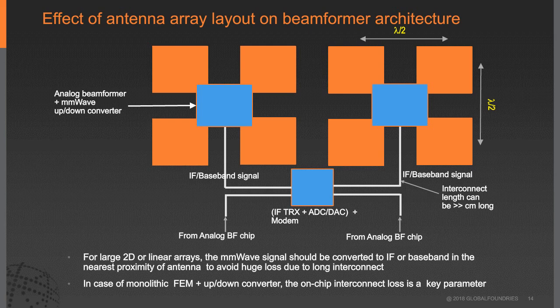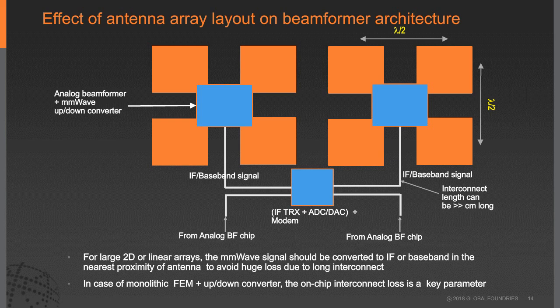So what we have shown is you have the phased array elements in orange, and then right next to it we have the analog beamformer front-end module with mmWave up and down converter, such that it gets to the intermediate frequency or baseband.